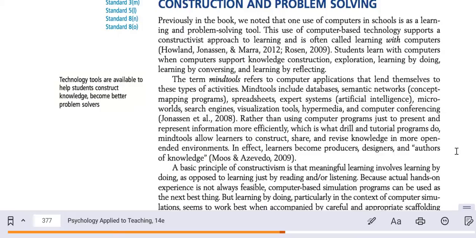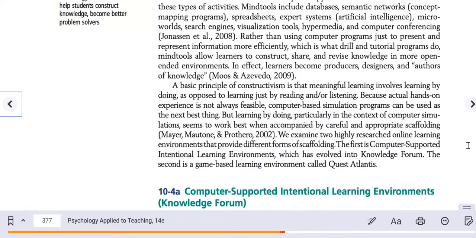Rather than using computer programs just to present and represent information more efficiently, which is what drill and tutorial programs do, mind tools allow learners to construct, share, and revise knowledge in more open-ended environments. In effect, learners become producers, designers, and authors of knowledge.